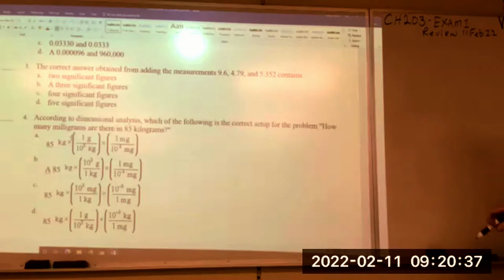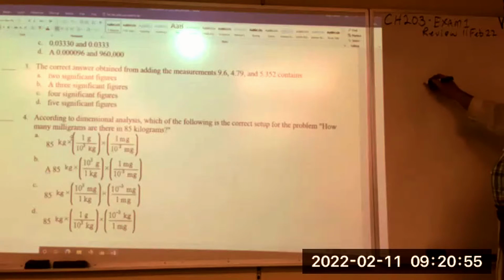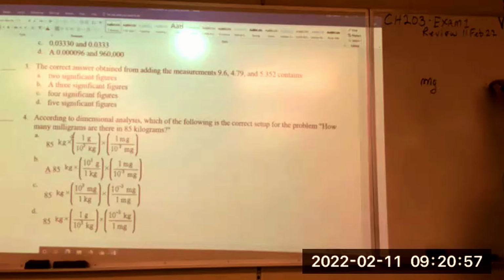Okay, 4. According to the dimensional analysis, there's that big pair of words again. Which of the following is the correct setup for the problem? How many milligrams are there in 85 kilograms? Okay, so if you're trying to do a unit conversion from milligrams to kilograms, how would you set that up?